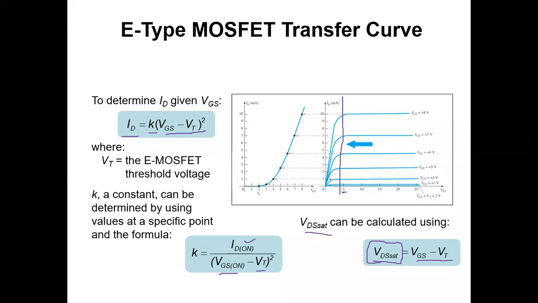When your device is in the linear region, the current keeps on increasing like that. After that, it gives you a constant output, and your device behaves as a constant current source. So you have two regions here: the linear region and the saturation region. These are the formulas, and you should be aware of them.